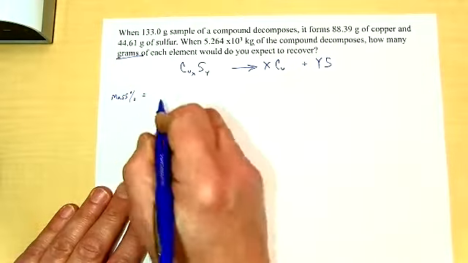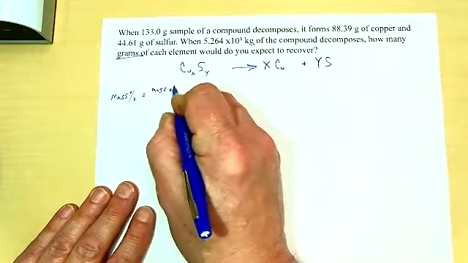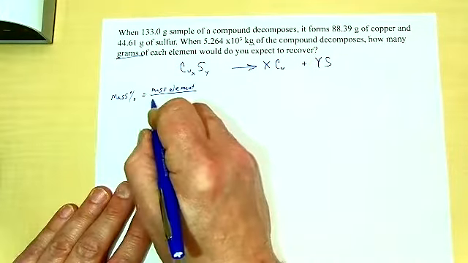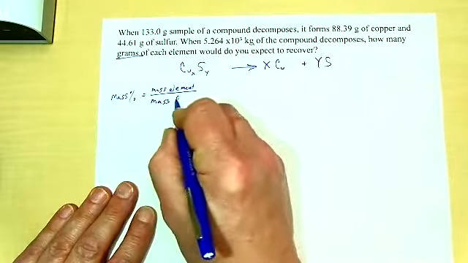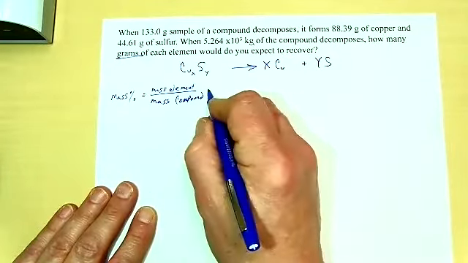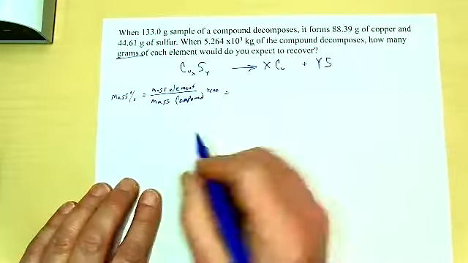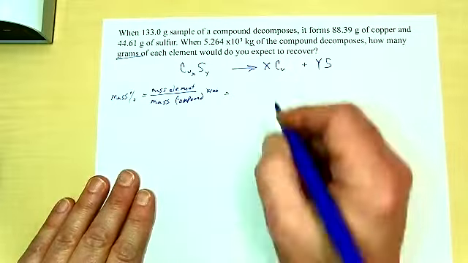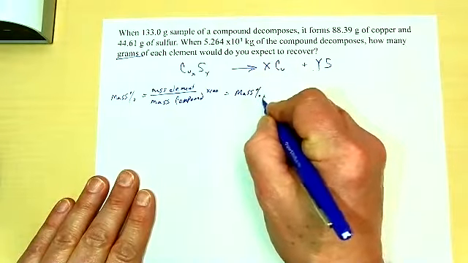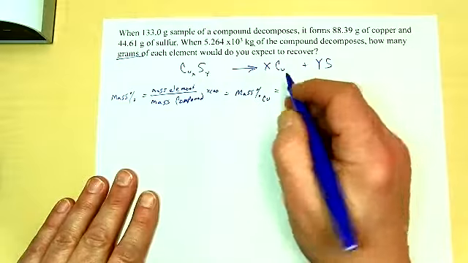is defined as being the mass of the element divided by the mass of the compound times 100%. Okay, so in this case, the mass percent of copper in this compound would be the mass of copper.